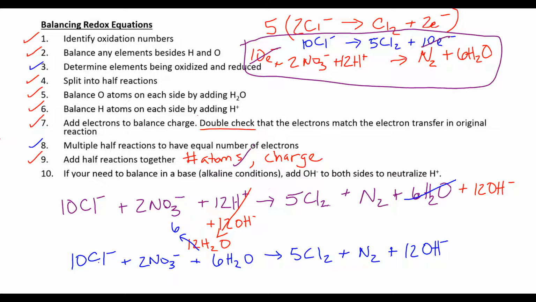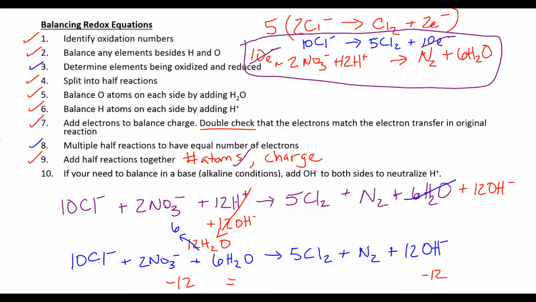And then for charge, we have -10 plus -2 gives us a -12. And then on our product side, we also have a -12. So this time around, unlike our previous example, we don't have each side equal to 0. We have each side equal to a charge of -12, telling us that the reaction is balanced.